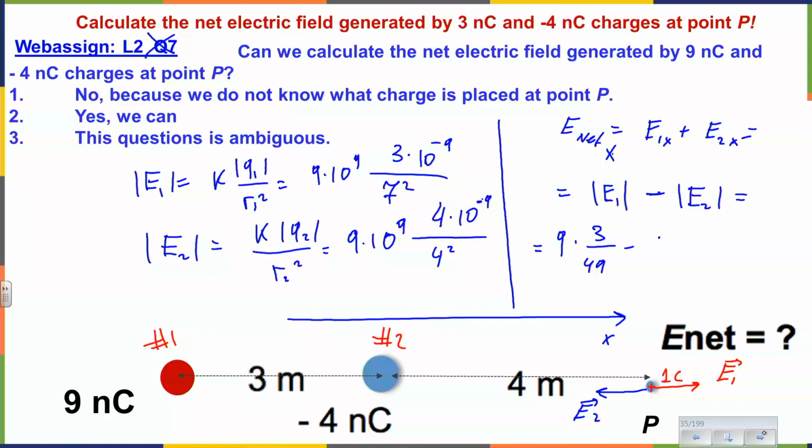Someone really hates me. Nine, 49, and minus 9, 10 to the 9th, 10 to the negative 9 getting cancelled, over 4, because 4 squared. 81 over 49, whatever it was, please tell me.